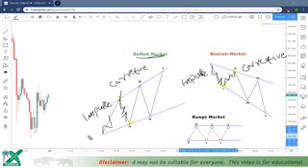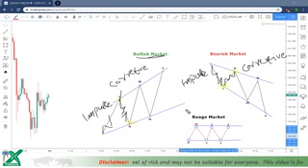So every move in the direction of the trend is called an impulse, and any move against the trend is called a corrective structure. So the bullish market and bearish market, which create higher highs and higher lows in a bullish market, and lower lows and lower highs in a bearish market, are considered trending markets, moving to the upside or to the downside.